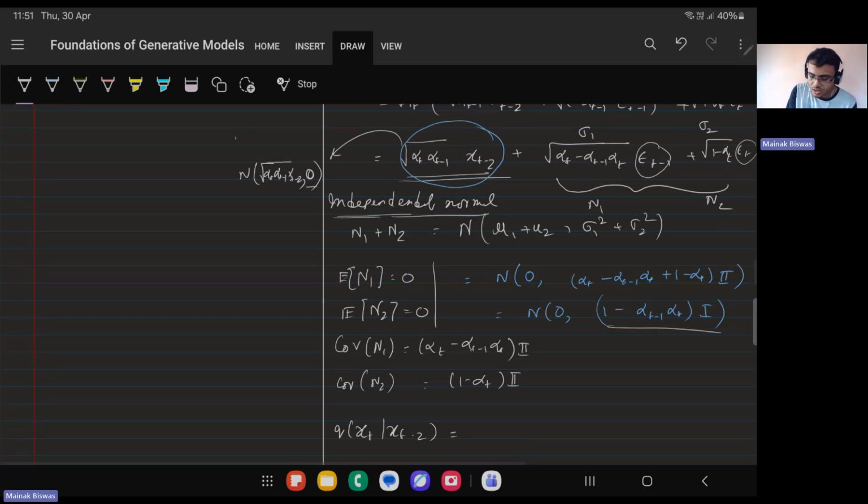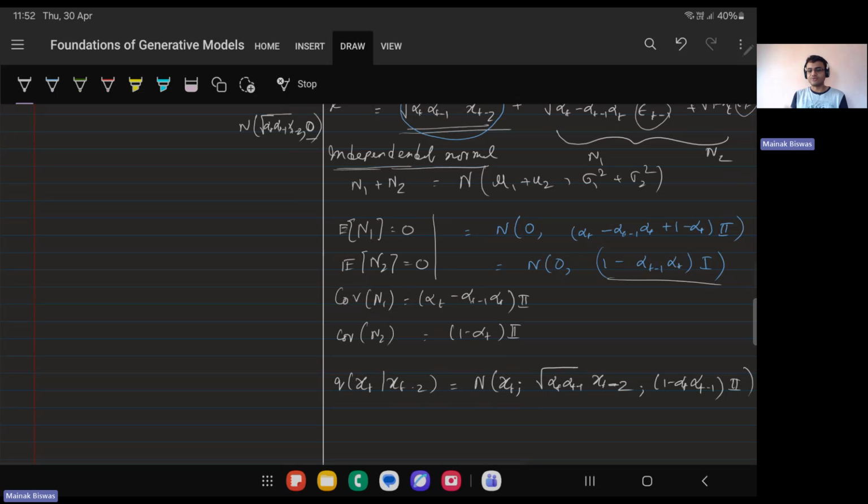So you will get normal x_t, root alpha_t alpha_{t-1} x_{t-2}, and 1 minus alpha_t alpha_{t-1} identity, right? So now you can clearly see that I got this value for 2 as well.